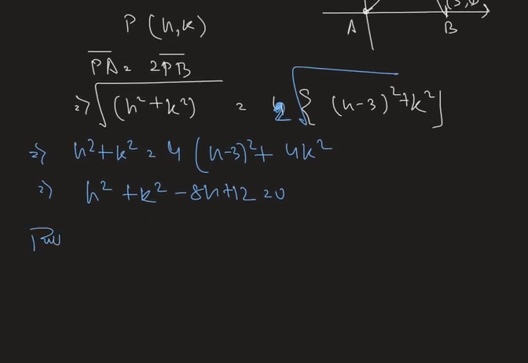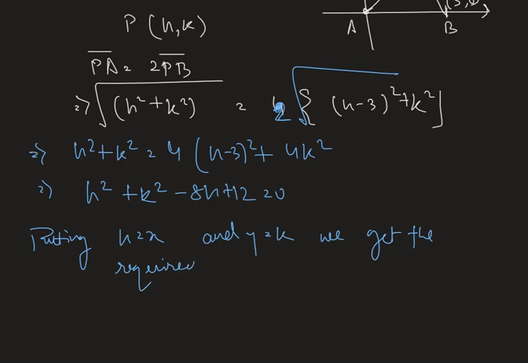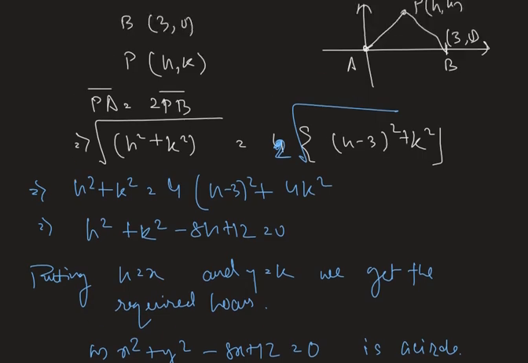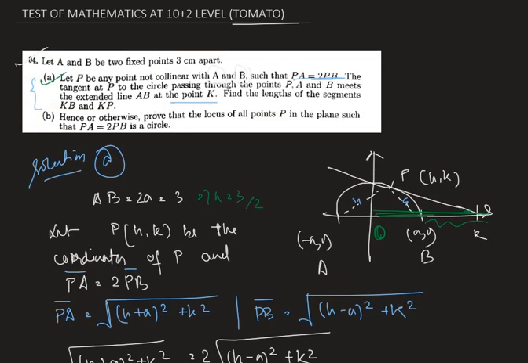Now, putting x in the position of h and y in the position of k, we get the required locus as x square plus y square minus 8x plus 12 is equal to 0, which is a circle, hence we have proved our next portion also.